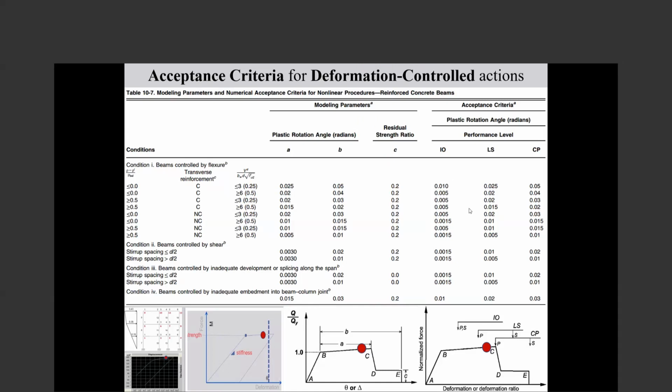How can they develop a backbone curve based on the concrete section and arrangement of reinforcement?